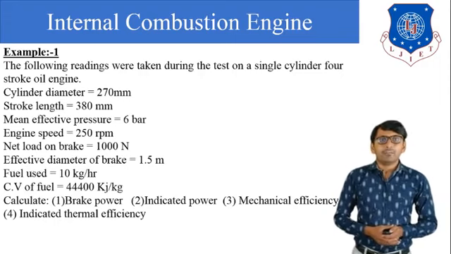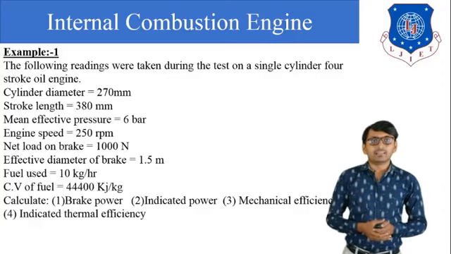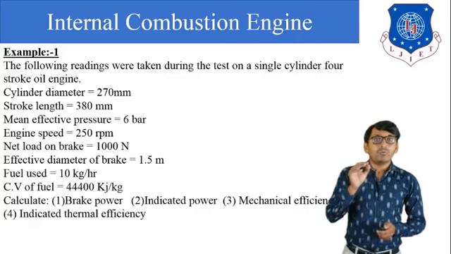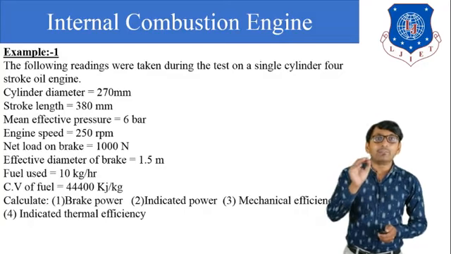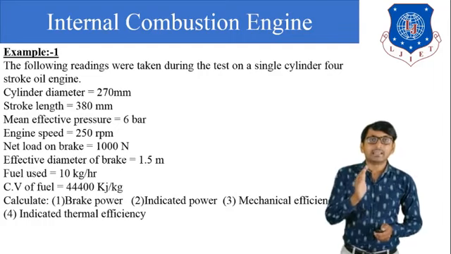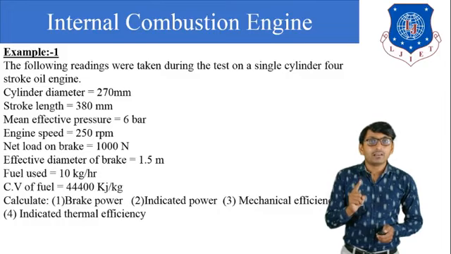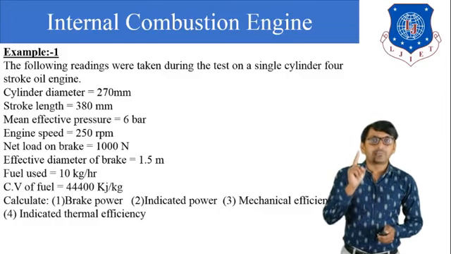So, brake power and indicated power, we have to start with these terms. Now, what do you mean by indicated power? The power produced by the engine, that is indicated power. And what is brake power? The power available at the output shaft, that is brake power.